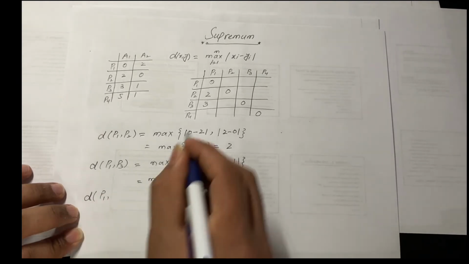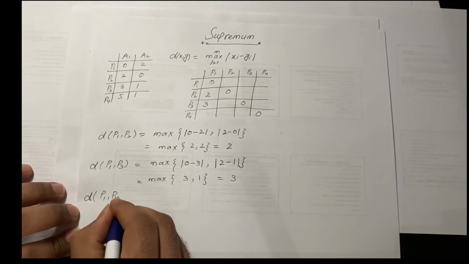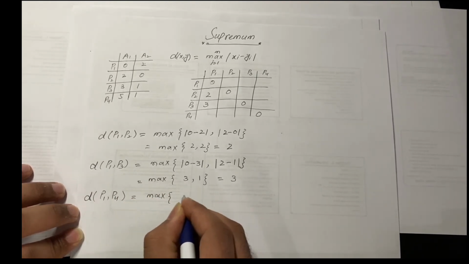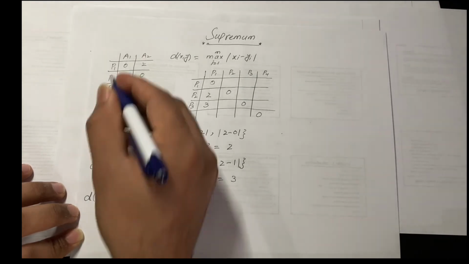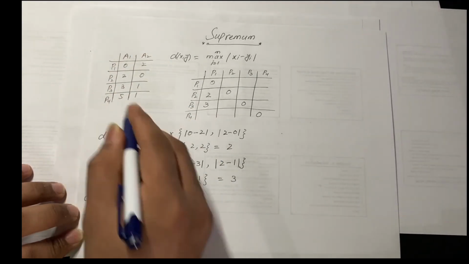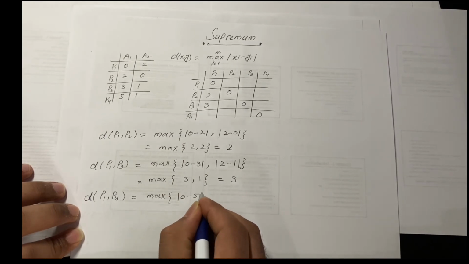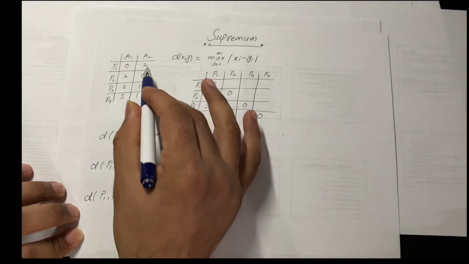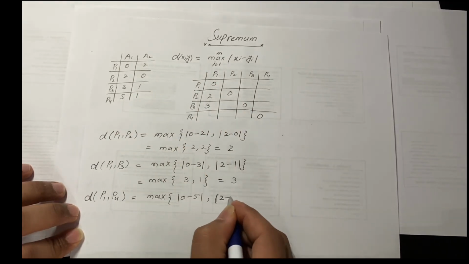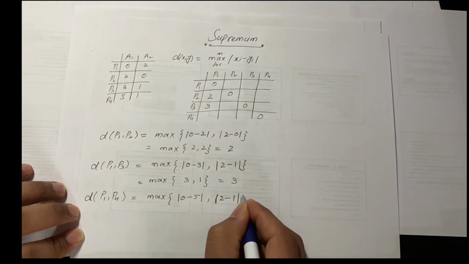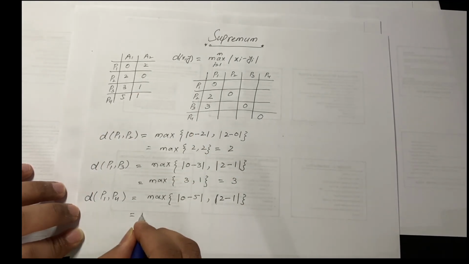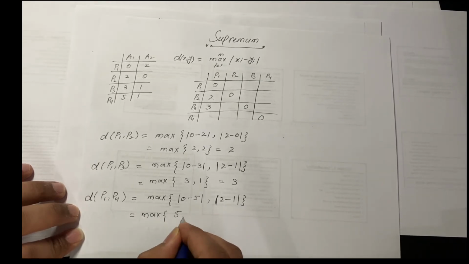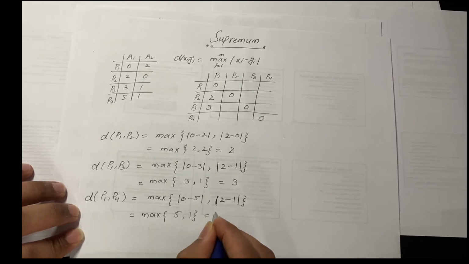Next, P1 and P4: P1 is 0, P4 is 5, 0 minus 5, comma, P1 is 2, P4 is 1. The maximum of 5 and 1 will be 5.